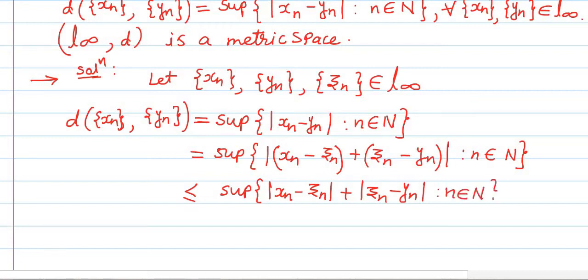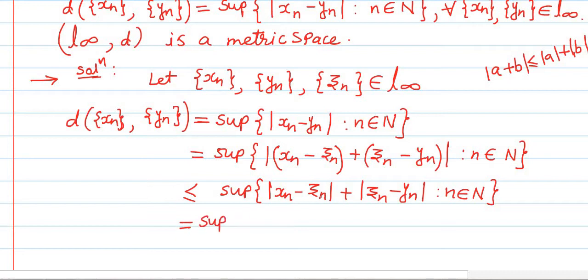We have that mod of a plus b is less than or equal to mod a plus mod b. So this property of the absolute value function we have used once again here. So therefore we got less than or equal to.